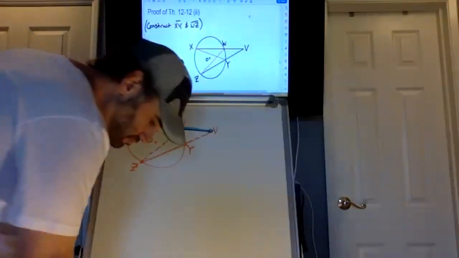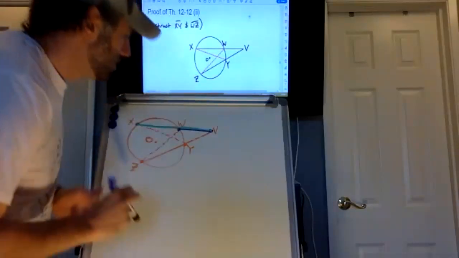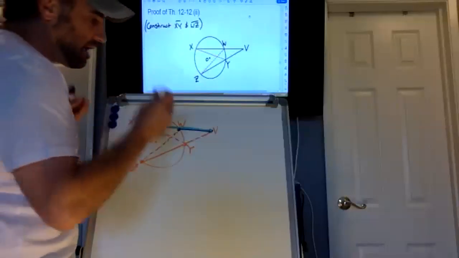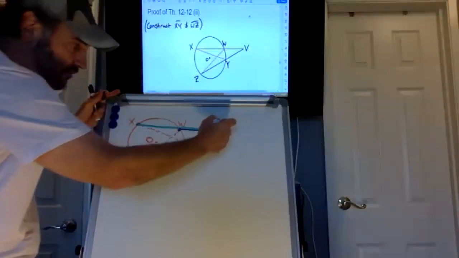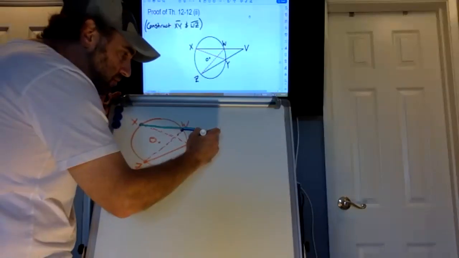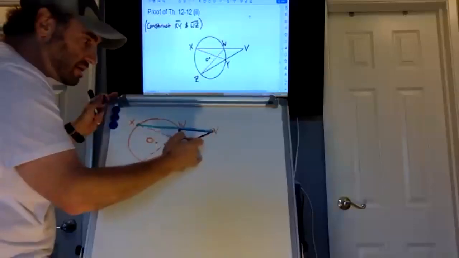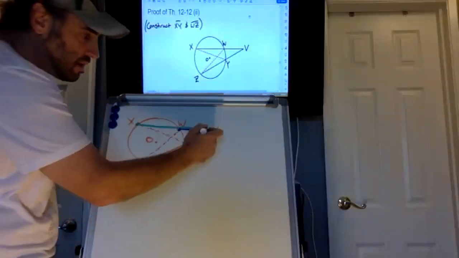That means, let me get 2 other colors here. That means that if I go through V along a different pathway from V to Z, this first mark here hits the circle there. That's the first point. There's going to be 2 points it hits the circle. There's the first one.